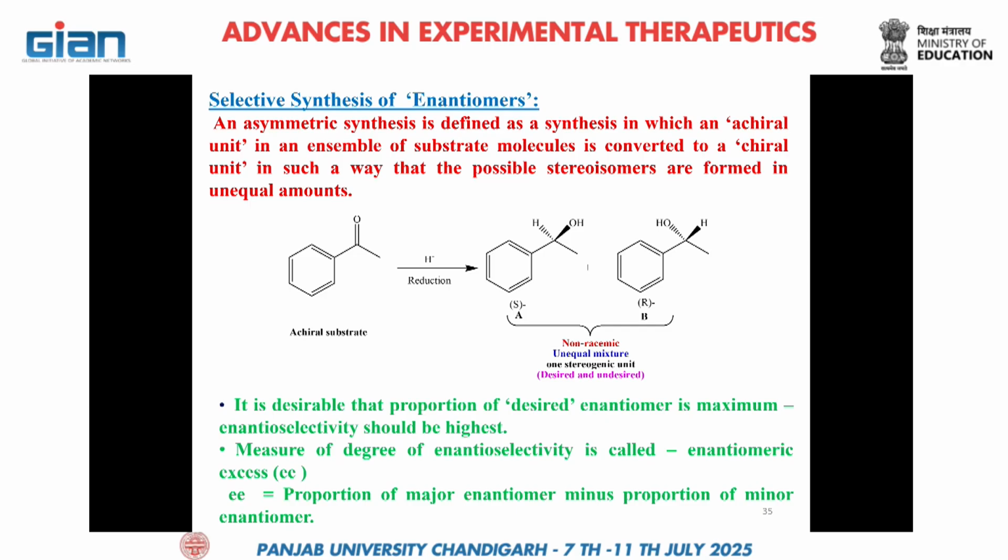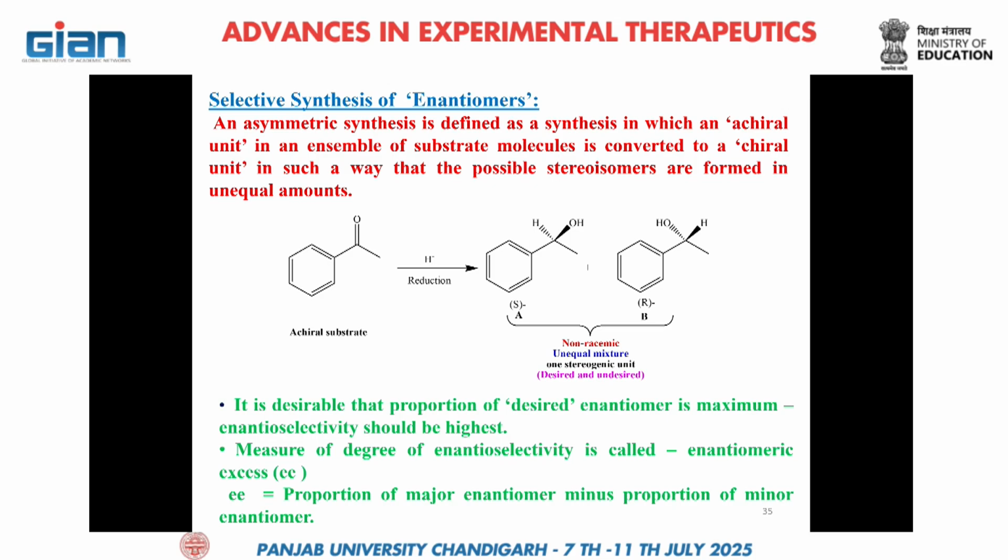If you see the reaction, which is a very simple reaction, can you see what is in your substrate? It is a simple aromatic ring and the carbonyl functionality. It is not any complicated reaction scheme. You just see that your substrate is achiral.